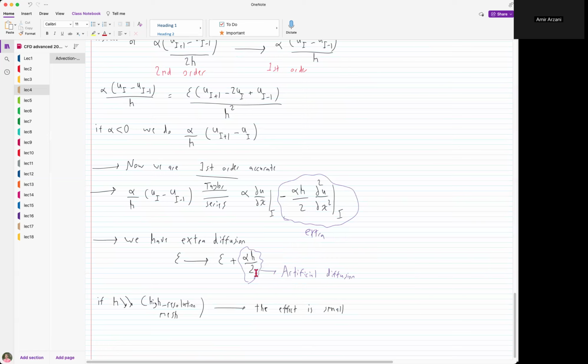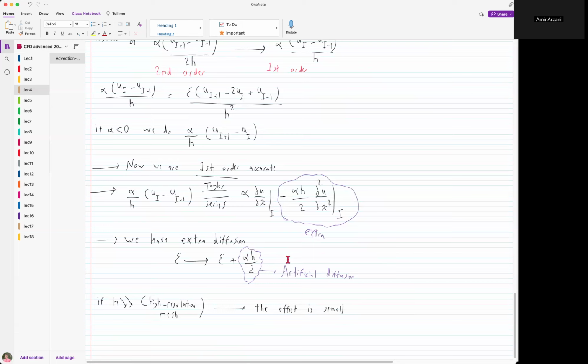And this artificial diffusion term automatically conforms with that physics, because as alpha becomes smaller, the effect of this parameter also becomes small. So that is also good.